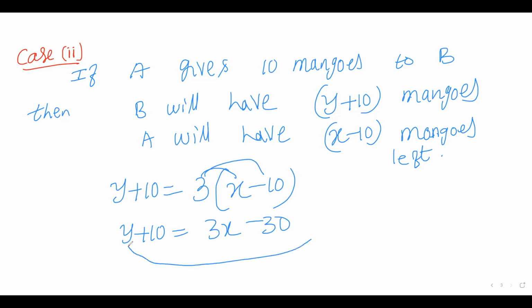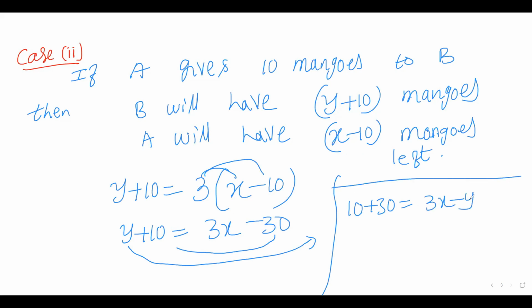Transpose y to the right hand side, 30 to the left hand side. 10 plus 30 is equal to 3x minus y. 40 is equal to 3x minus y is my second equation.